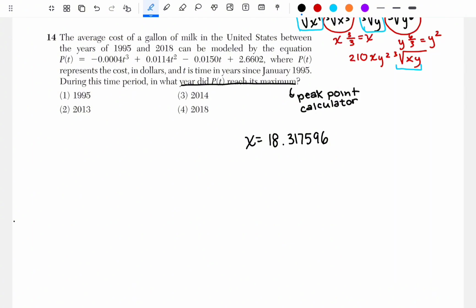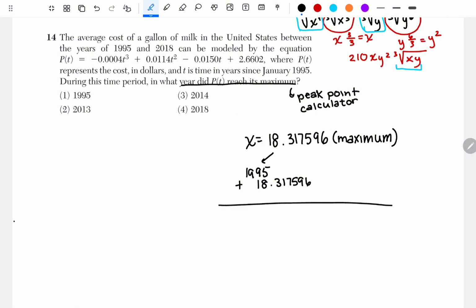This x is where it reaches the maximum. What we want to do is take this x value right here and add it to 1995 in order to find the year that it reaches its maximum. Because we know that its range is from 1995 to 2018, and it reaches its maximum 18.317596 years after 1995.